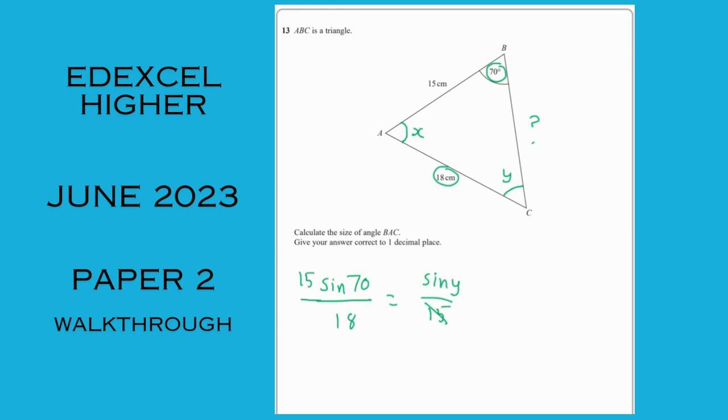We'll get a horrible decimal, but let's see. So 15 times sine 70 divided by 18. I'm getting a horrible answer. 0.783077 and so on. So we need to shift sin or inverse or whatever button your calc has.